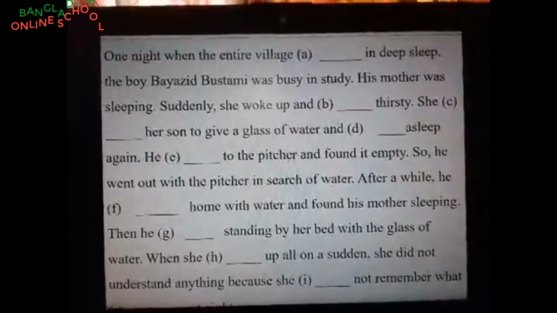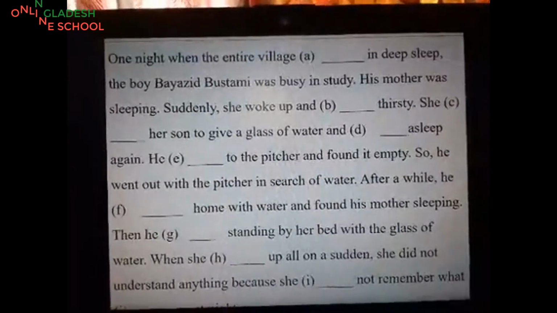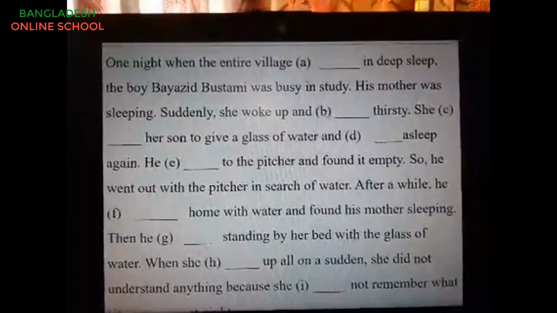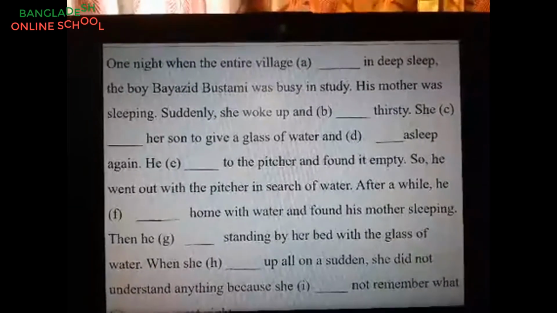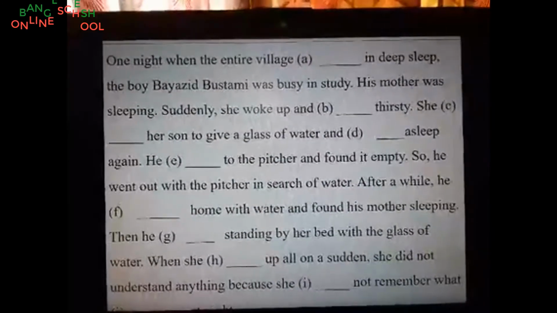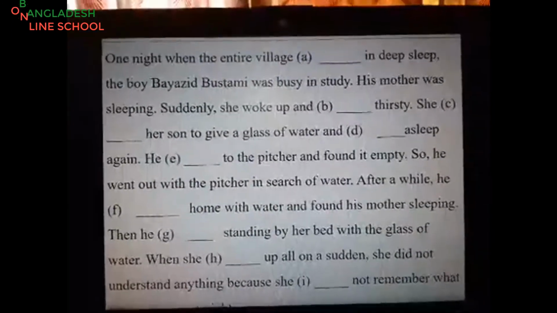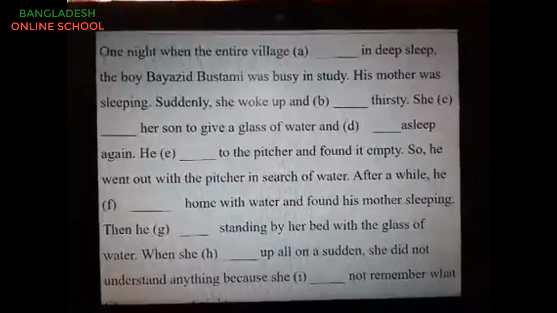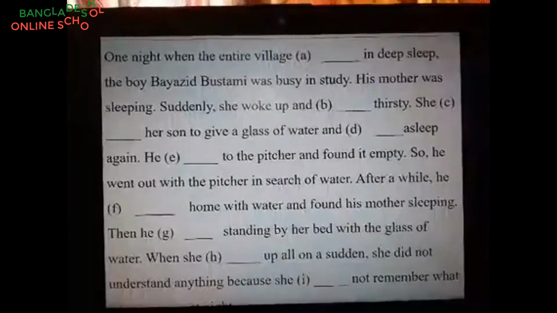One night when the entire village was in deep sleep. This sentence is describing past tense. So one night when the entire village, what do you think will be the answer?